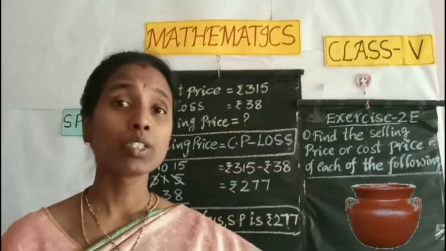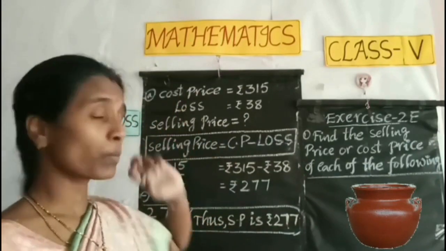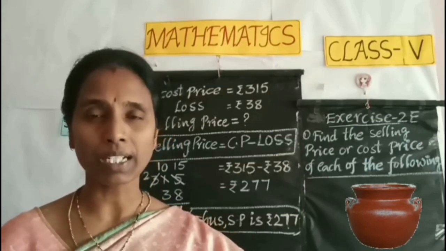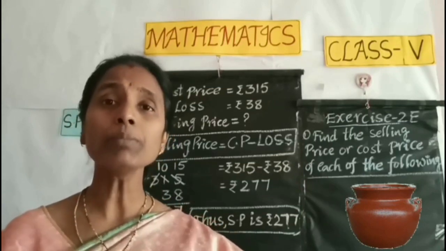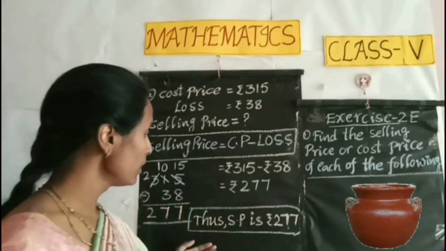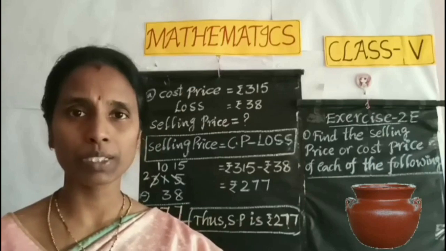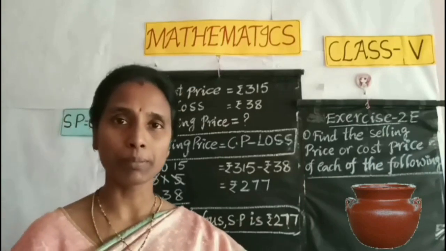So children, to find the selling price, when cost price and loss are given, we have to subtract loss from cost price. Here the selling price of the pot is 277 rupees.